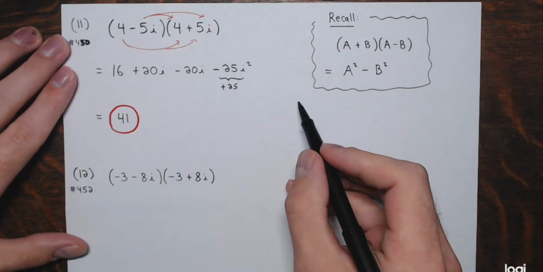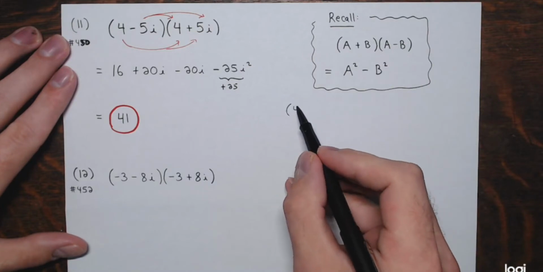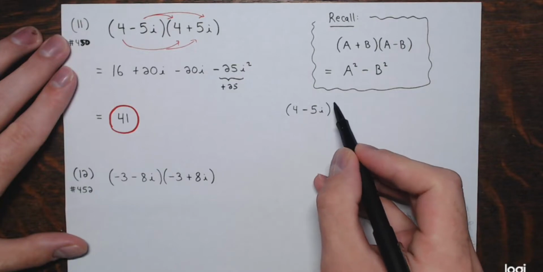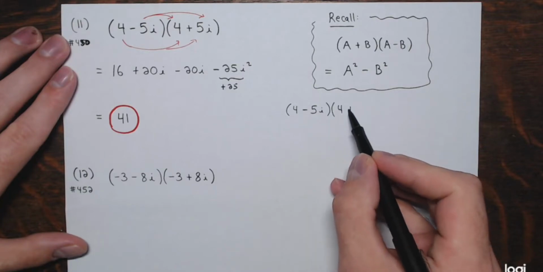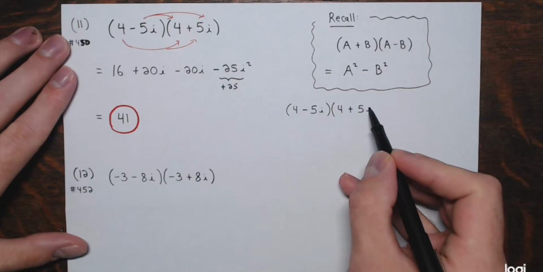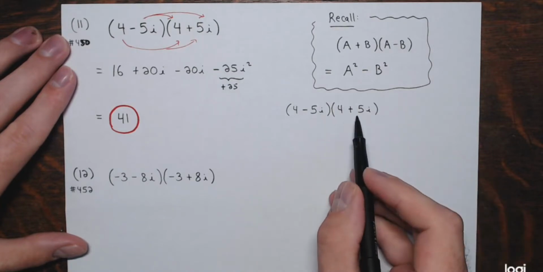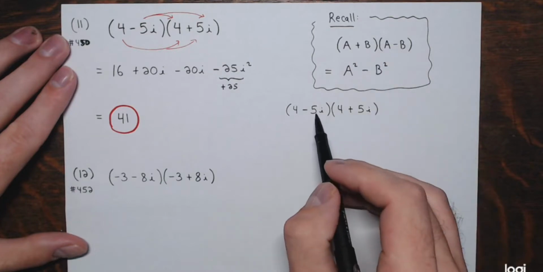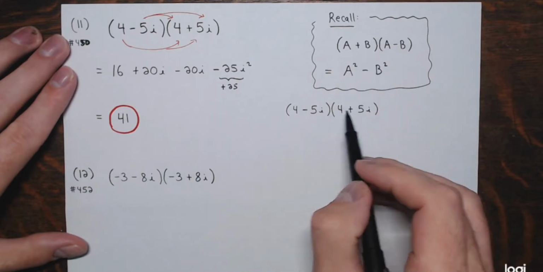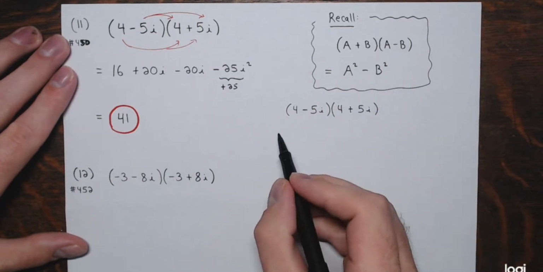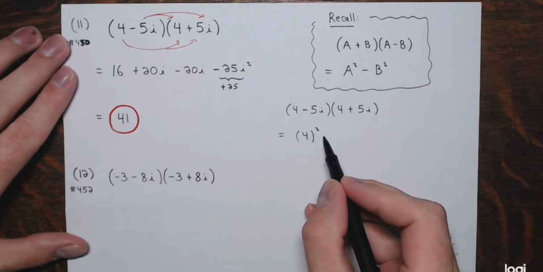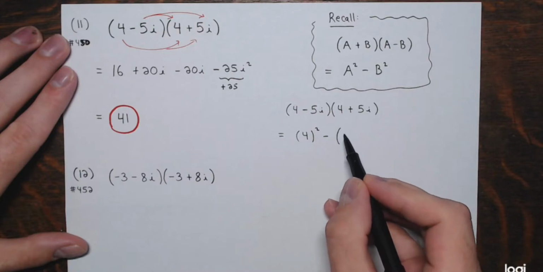So for example here, right, we had 4 minus 5i times 4 plus 5i. These are conjugates, where a is 4 and the b is 5i. So I'd end up with just a difference of squares, 4 squared minus 5i squared.